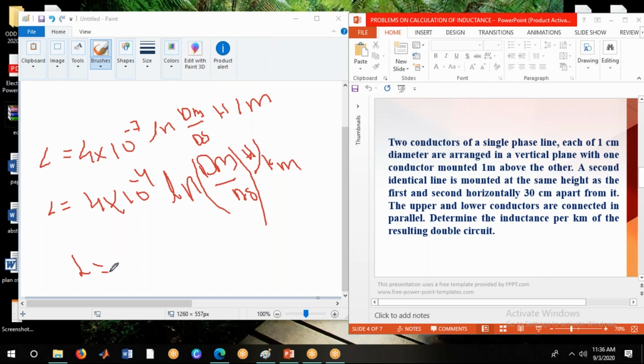0.8774 millihenry per kilometer, right answer. So the L value is 0.8774 millihenry per kilometer.